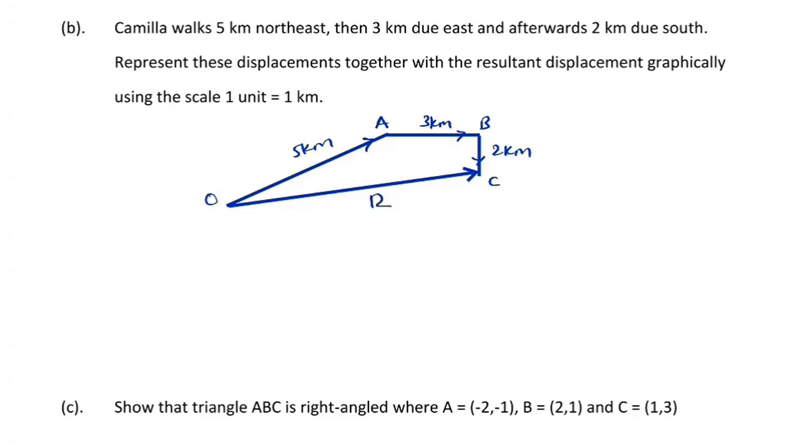Okay, so by measuring, the length of the resultant OC equals 4.1 centimeters. Since 1 centimeter represents 1 kilometer, then the length of the resultant is 4.1 kilometers. And this is our final answer.